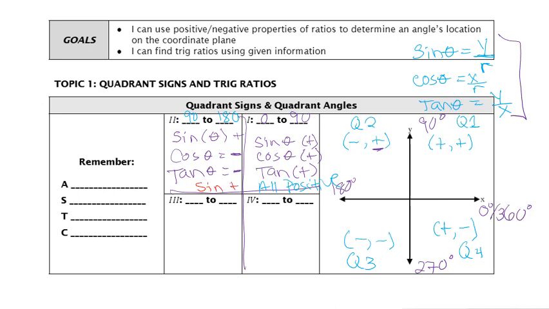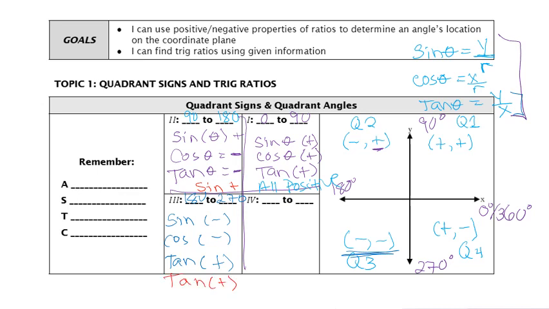In quadrant 3, that goes from 180 to 270. Since they're both negative, sine and cosine are both going to be negative. And then your tangent, since it's y over x, is going to end up being positive. So in quadrant 3, tangent is positive.